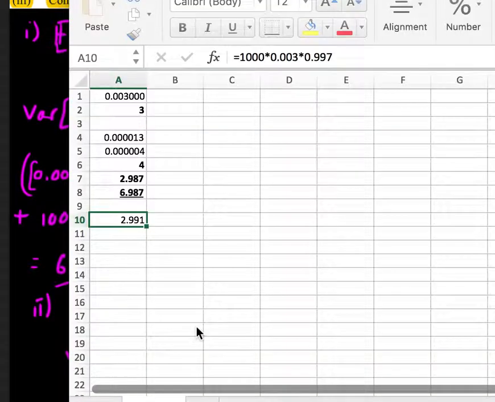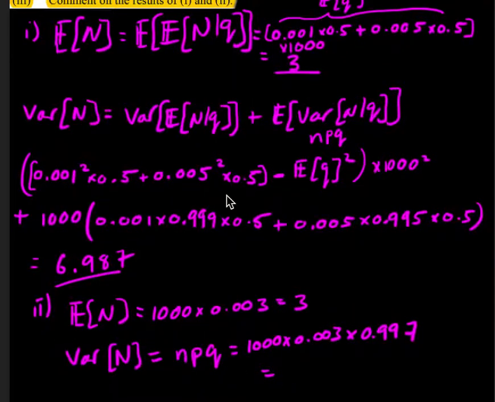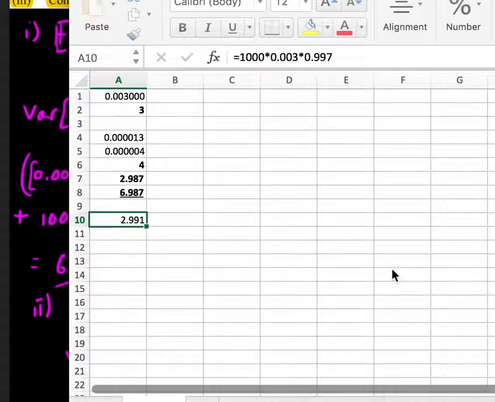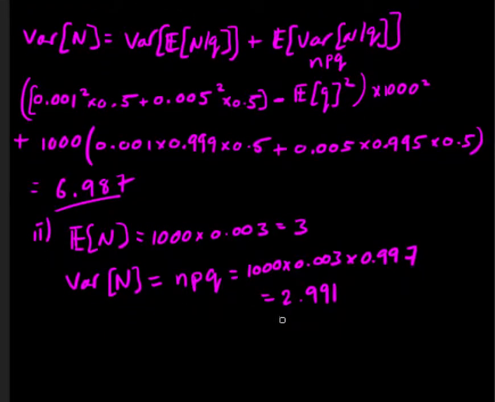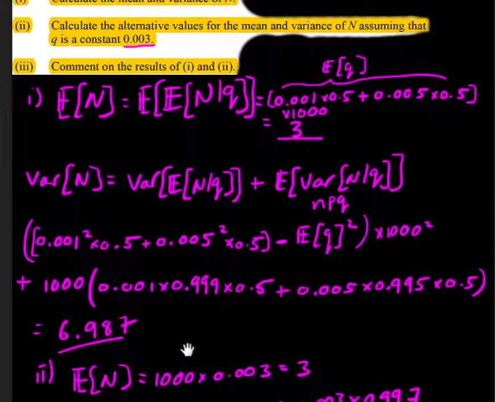Okay, so let's write that one down. 2.991. There we go. And now that we've done that bit, let's see what the third bit says.